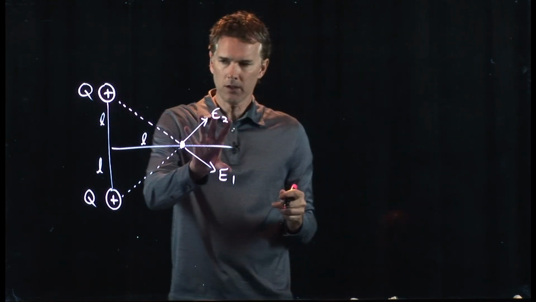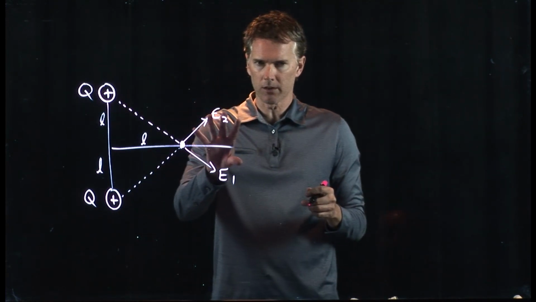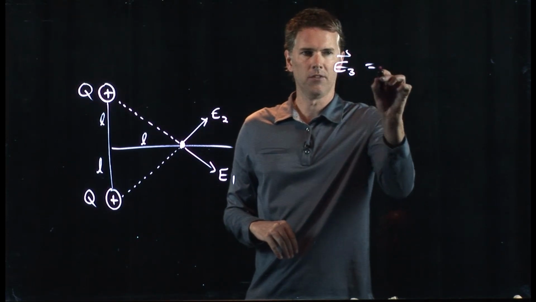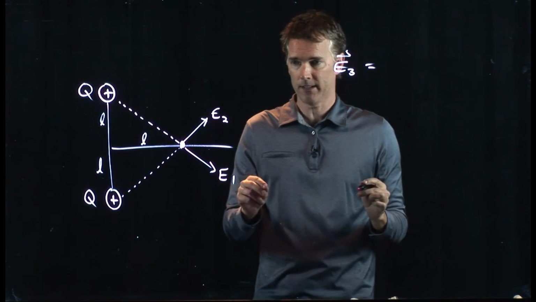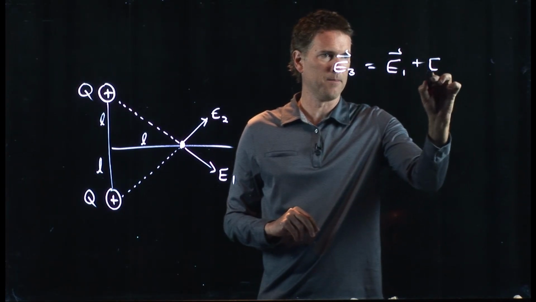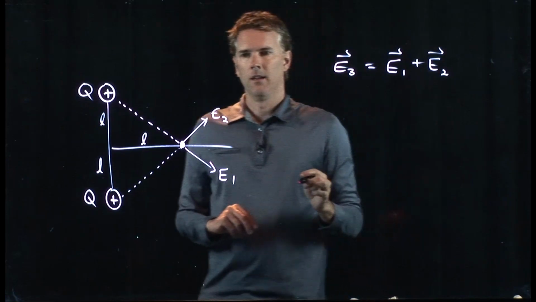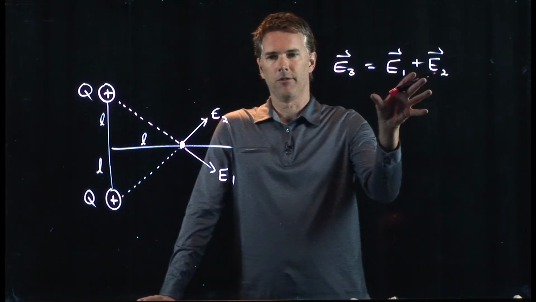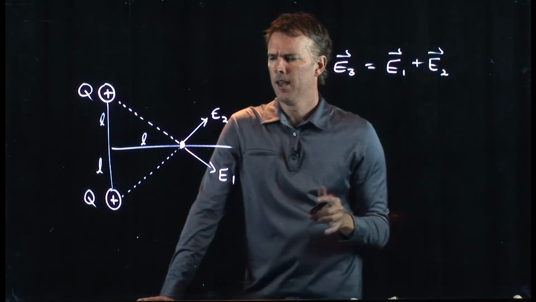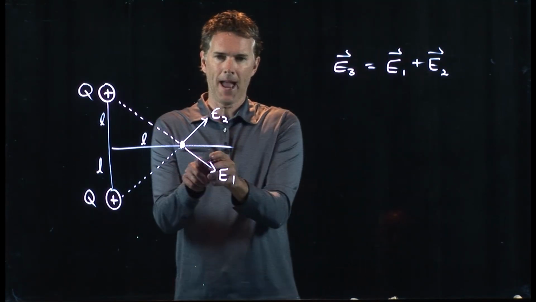And if we want to calculate the net field at this point, how do we do it? E3 is just going to be the sum of those two, but they're vectors, right? We have to remember to put the little arrows on top. And now we have to be a little bit careful about determining what those vector components are. E1 is at some angle.